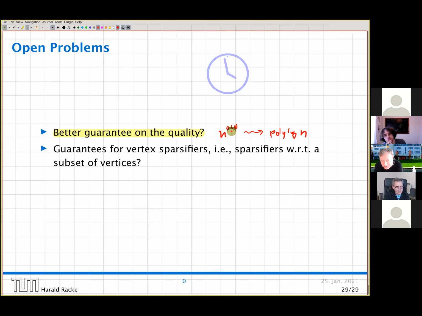Maybe it's possible, but this bottom-up process is really the problematic thing, because the only thing that we know is that with every level, you lose a certain factor in your expansion, and that's too simplistic an approach. But I don't know of anything better. That's the problem.